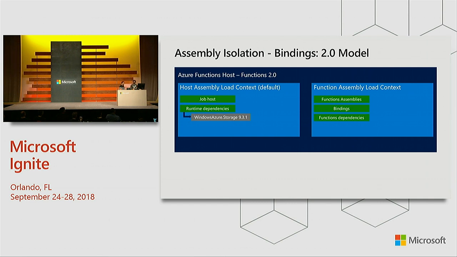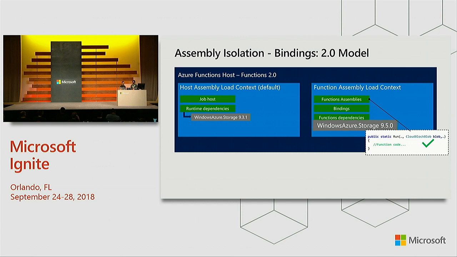So in our case, in V2, we've updated our dependency. We also want to be on the latest and greatest. So we've updated to the latest version at the time of the storage SDK. Again, if you're using the same version of the storage SDK and you had code that looked like this, things would work just fine. If you decided to upgrade to a newer version, let's say the storage team decides to release a 9.5 or a higher version, you would have the ability to upgrade.